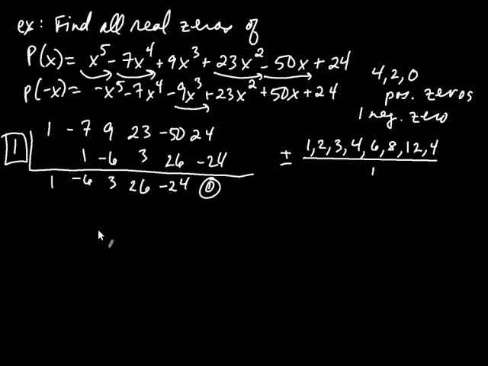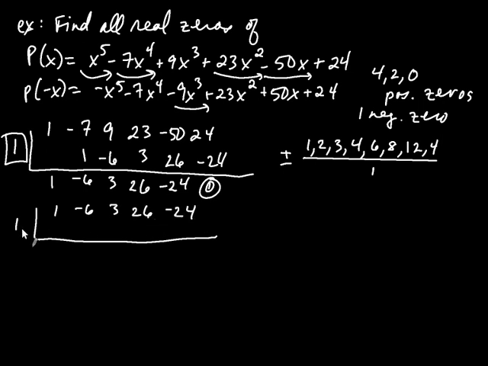Let's check to see if 1 is a repeated 0. So remember, this gives you a new polynomial, in this case of degree 4, right? So we're going to test 1 again on this polynomial. We're using the quotient here: 1, -6, 3, 26, -24.